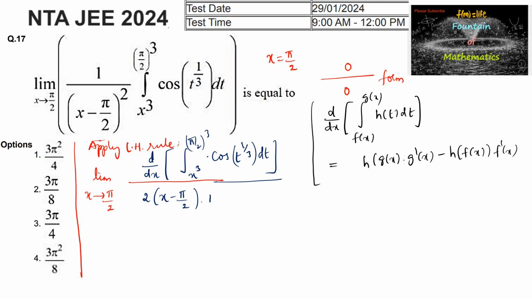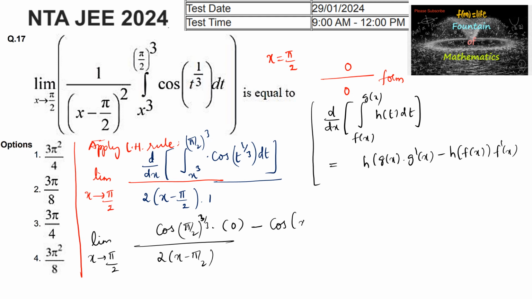So by using this concept, we can write limit x tends to pi by 2, the denominator, that is 2 times of (x minus pi by 2), and the numerator: cos of ((pi by 2) whole power 3) whole to the power 1 by 3 into differentiation of (pi by 2) whole power 3, that is 0, minus cos of (x power 3) whole power 1 by 3 into differentiation of x power 3, which is 3x square.